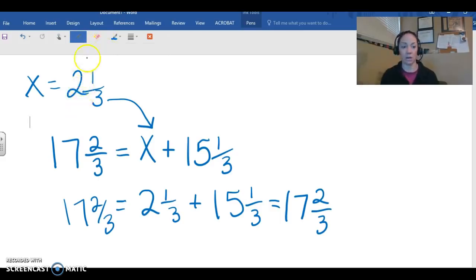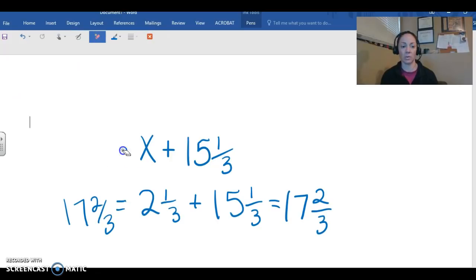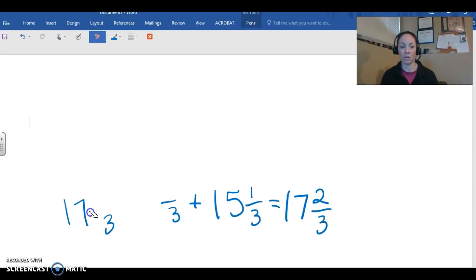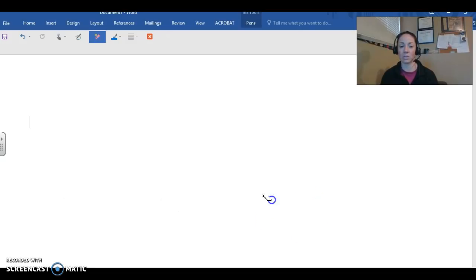So, now, let's erase this. I'm going to give you a few of these to do on your own. Make sure you get them all in your notes. I'll take a look at them in class. So, you have to figure out if the solution that is given to you is true or false.